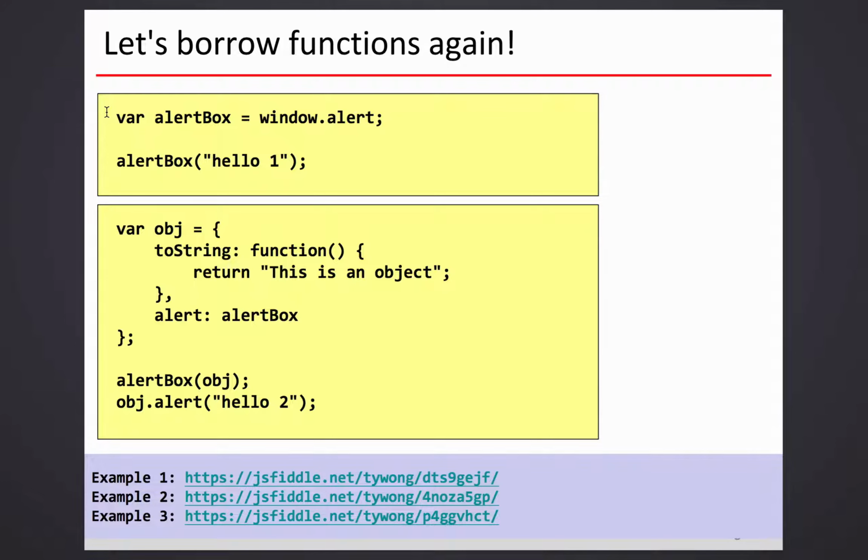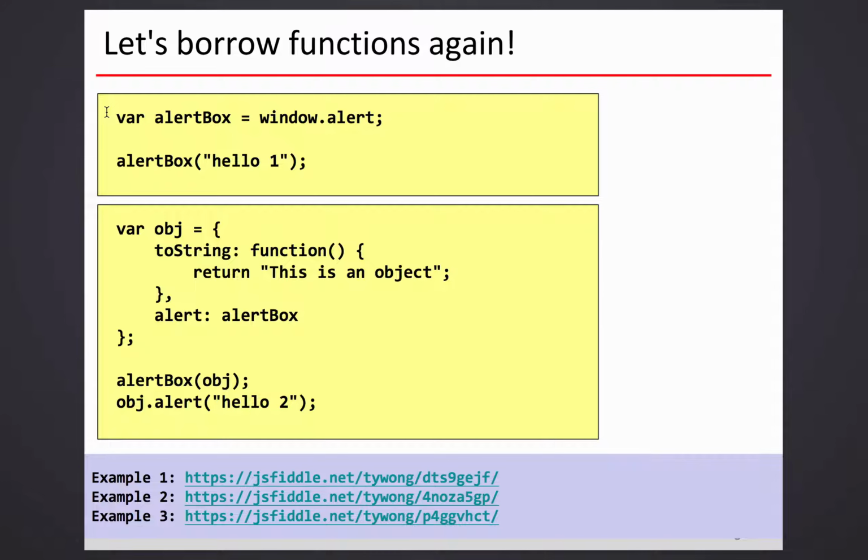So I put it as a member function of this object so that alert box object will give you what? Yeah. This is an object, right? All right, but I'm naughty, okay? I also want to set up something called object.alert, okay? And I try to act as if I'm stealing the Windows alert here.